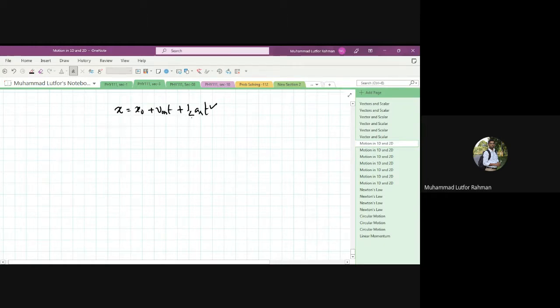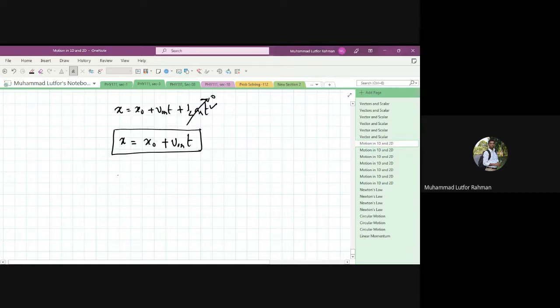Since I know there is no acceleration along the horizontal direction, the displacement equation along the horizontal direction would be v naught x into t. Sometimes we just write x equals v naught x into t if it starts from the origin, if x naught equals 0.